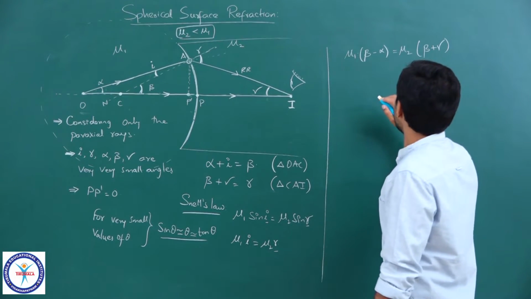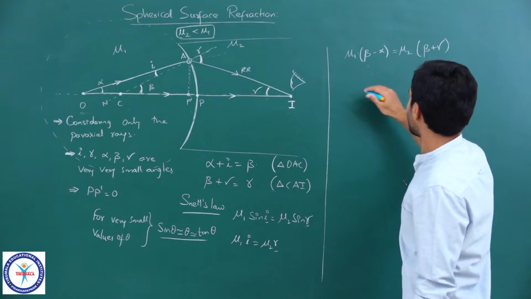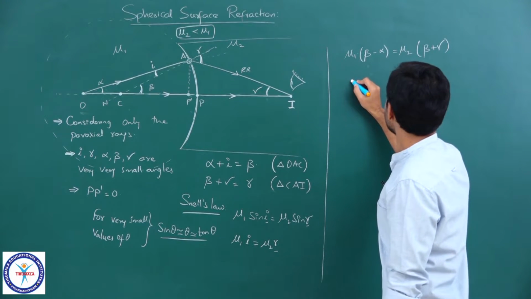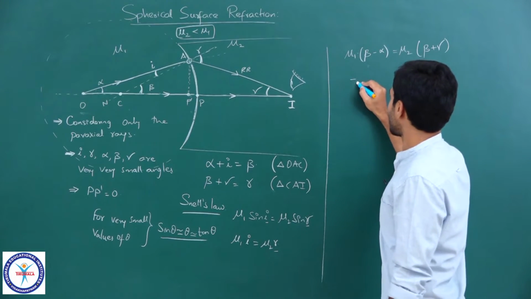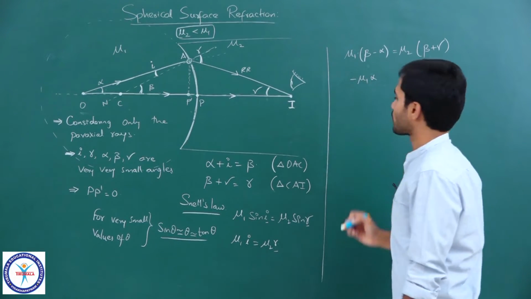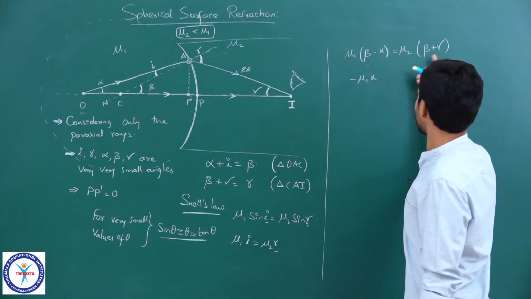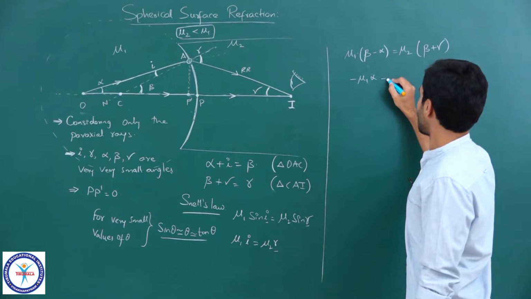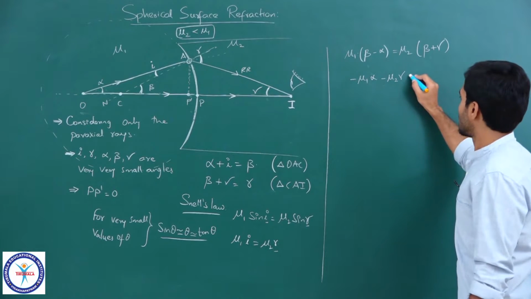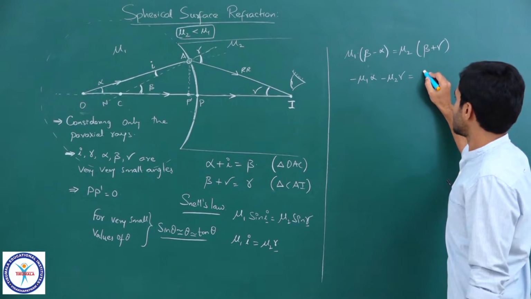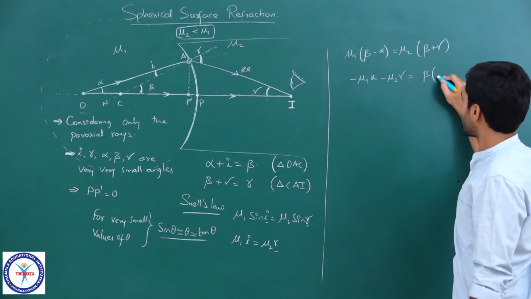So, if I do that, let me bring all the betas to one side and the remaining values to the other side. So, what am I getting? Mu 1 into minus mu 1 alpha, correct? If this beta goes to that side and gamma comes to this side, minus mu 2 into gamma, correct, is equal to beta into mu 2, and there is one mu 1 coming from the other side.